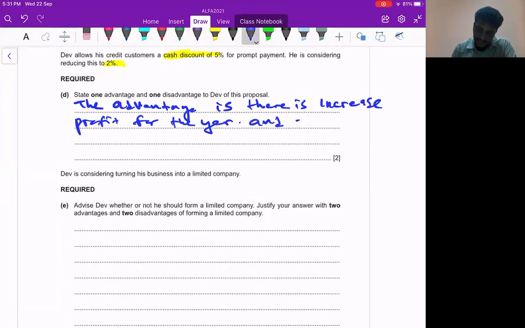and the disadvantage is lost customers, or the customer will take longer to pay.